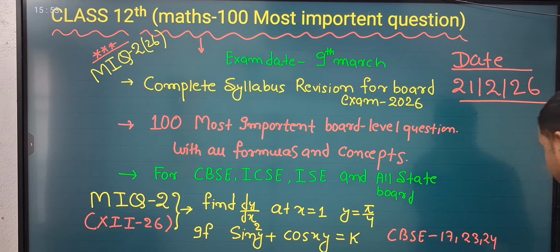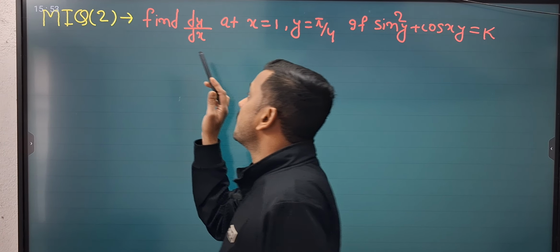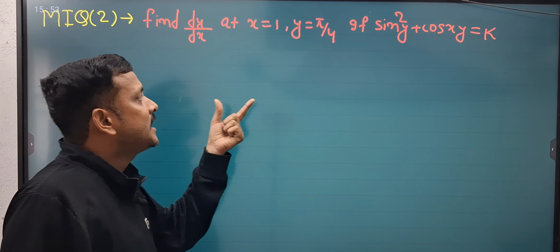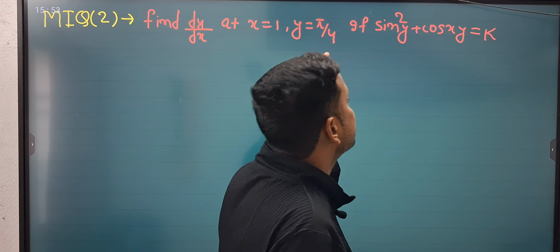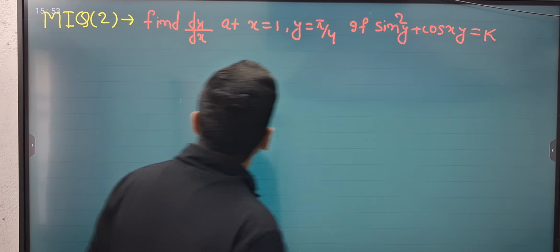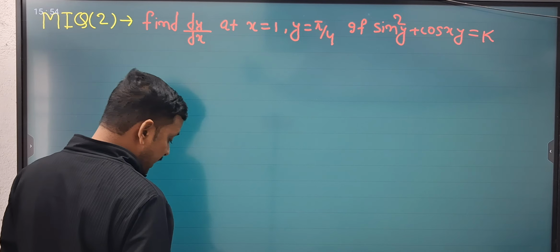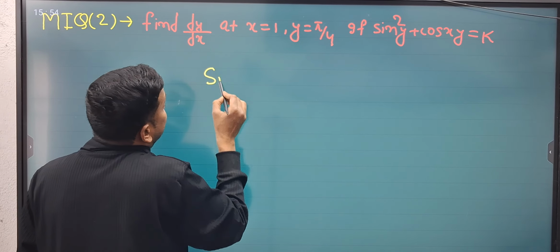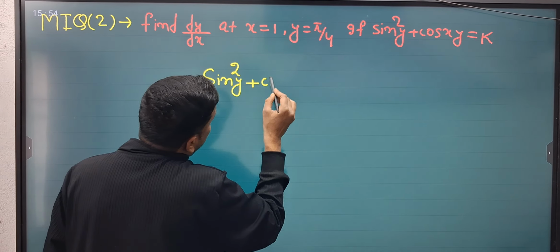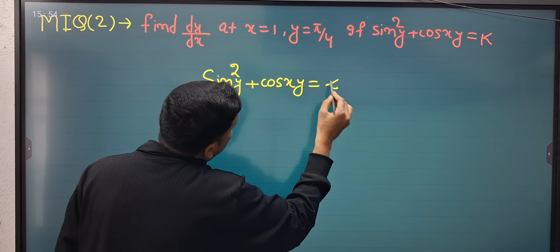So now we are going to solve the second question, and the second question is: find dy by dx at x equals 1 and y equals pi by 4 if sin square y plus cos xy equals k. So I have to find dy by dx. Here is sin square y plus cos xy equals k.